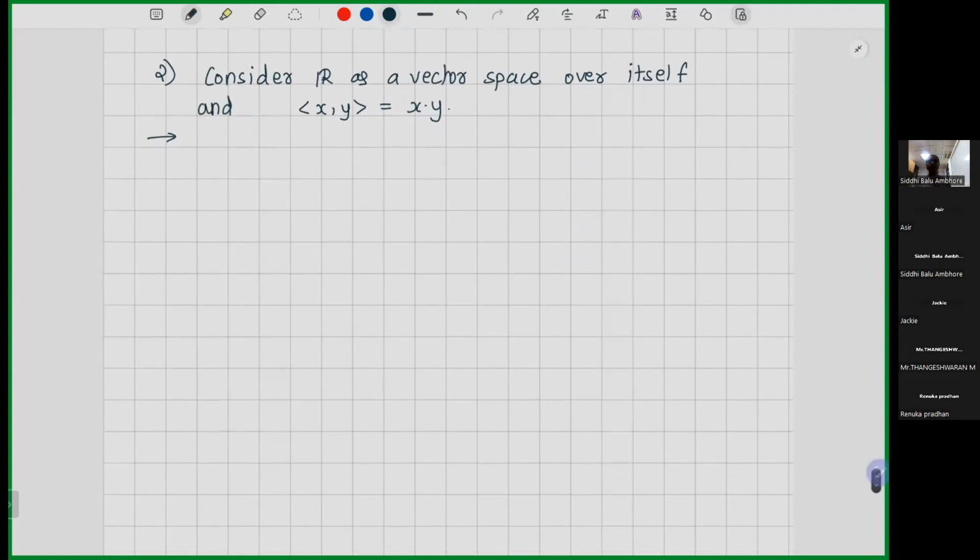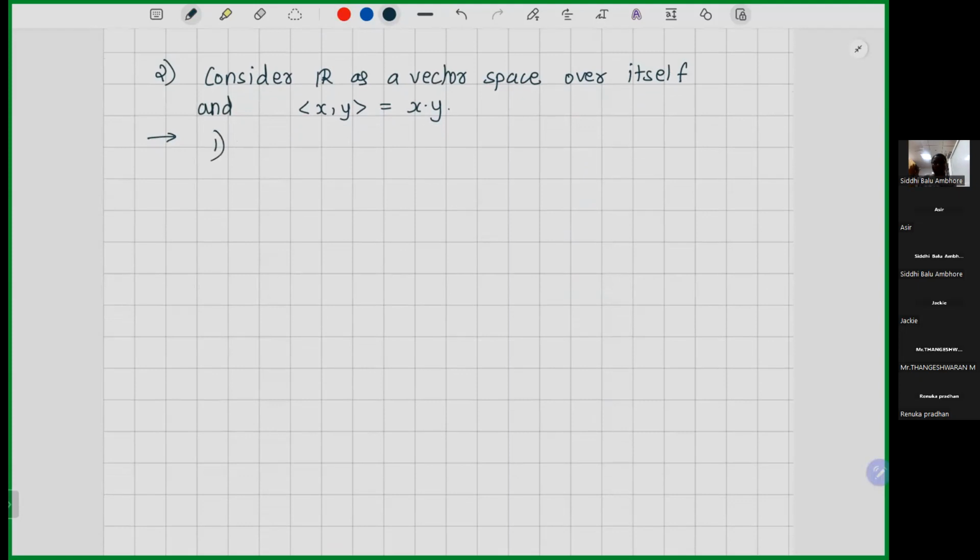Any guesses whether we can find any counterexample or this is an inner product space? This is true as per the definition of R. Yes, so this is true.